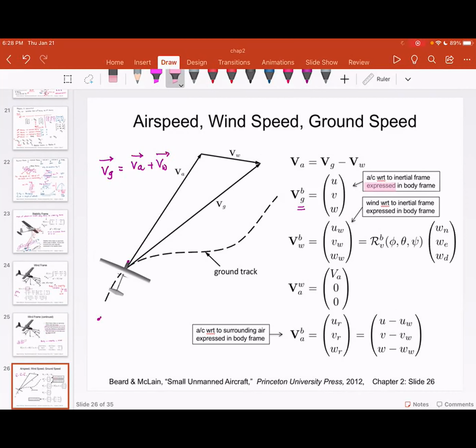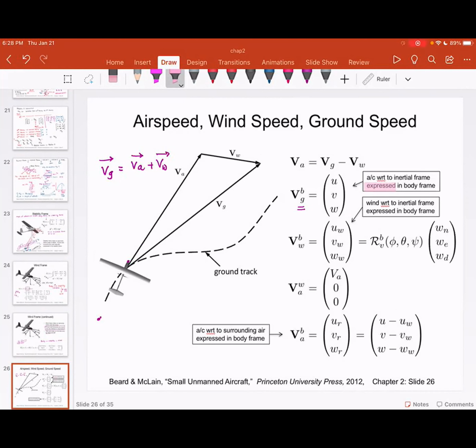Everybody understood this? This is an extremely important observation. If you have a GPS on the aircraft, it gives you the inertial velocities in the earth-centered, earth-fixed frame, but based on the attitude angles, roll, pitch, and yaw, you will resolve that inertial velocity into the body frame. That is super important.